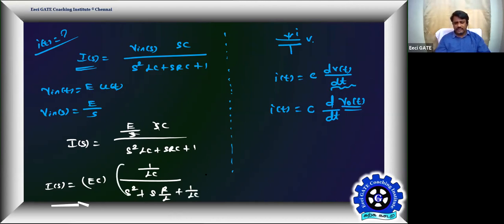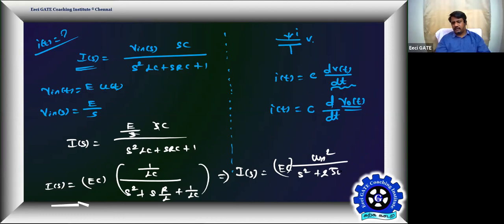This is your standard second order. Then I(s) equals EC times ωn² by s² plus 2ζωn s plus ωn². That's your I(s).